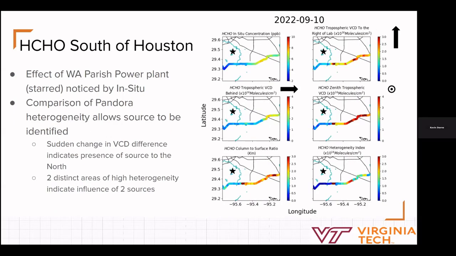Now, on the other hand, we can take a look at formaldehyde and see how patterns in its measurements can be used to take a look at transport patterns.